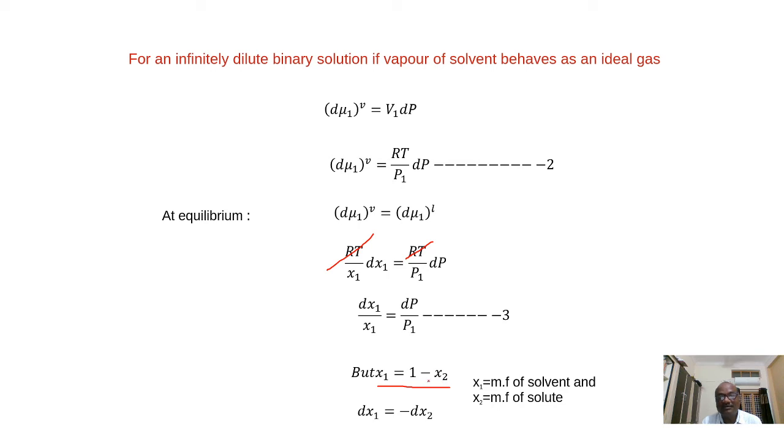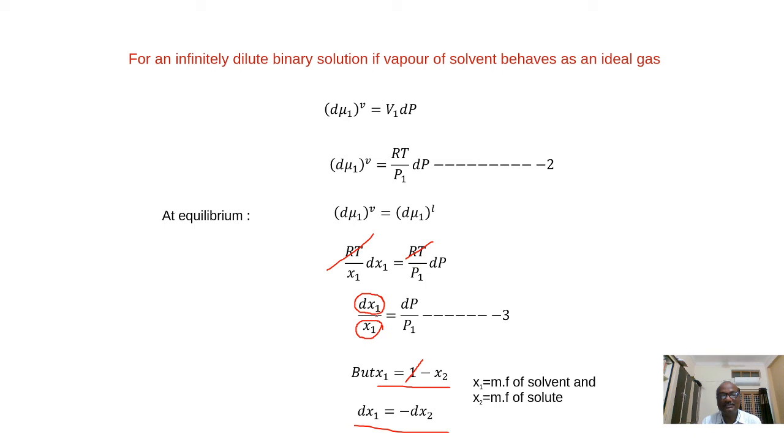If x1 is equal to 1 minus x2, then what is dx1? Differentiate it: the differentiation of 1 becomes 0, so dx1 is equal to minus dx2. Instead of dx1 we can write minus dx2, and instead of x1 we can write 1 minus x2.